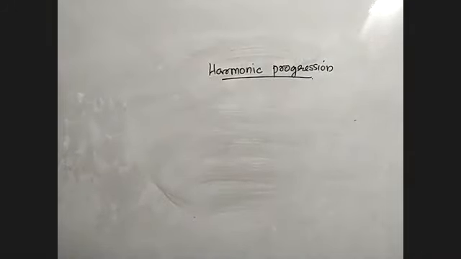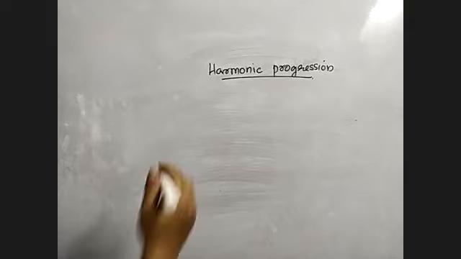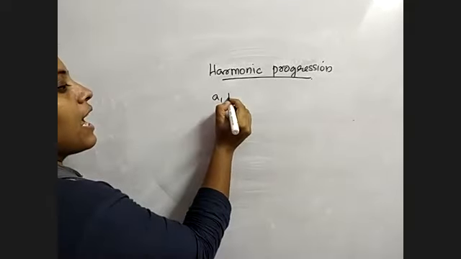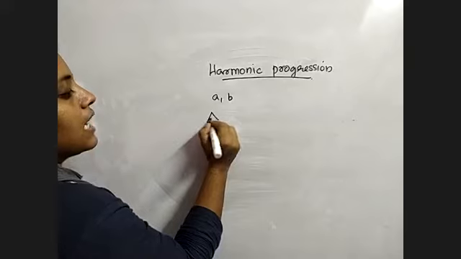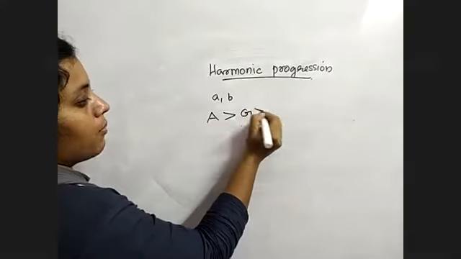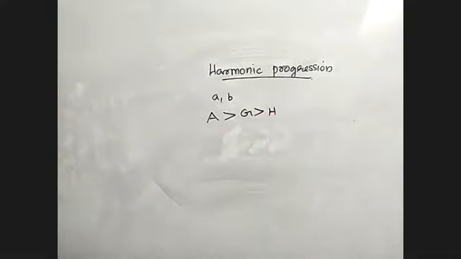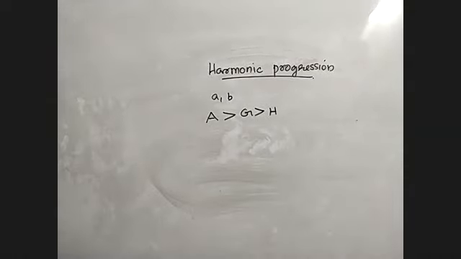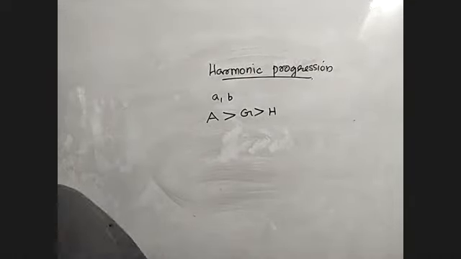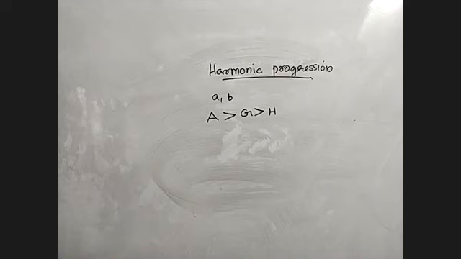Very important. Before that, every time if you are having A and B two numbers, arithmetic mean will be greater than geometric mean, which will be greater than harmonic mean.